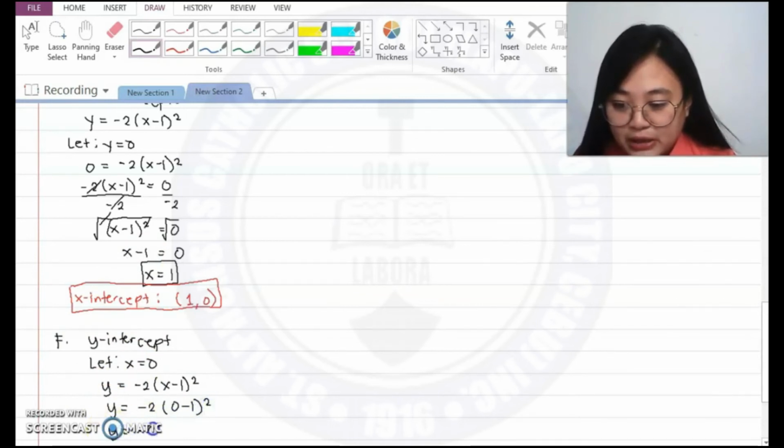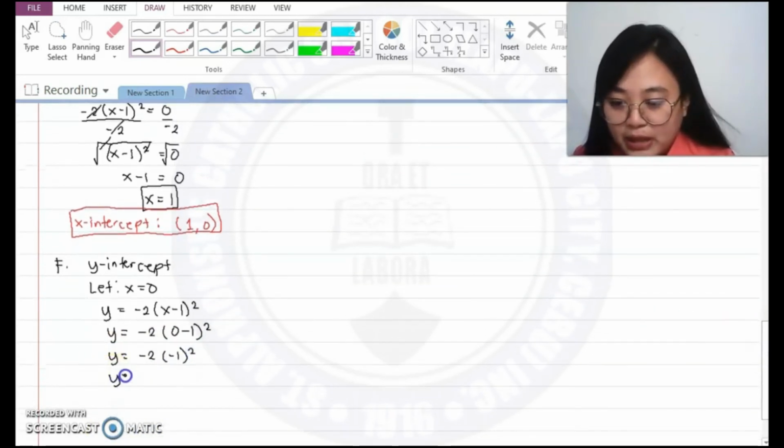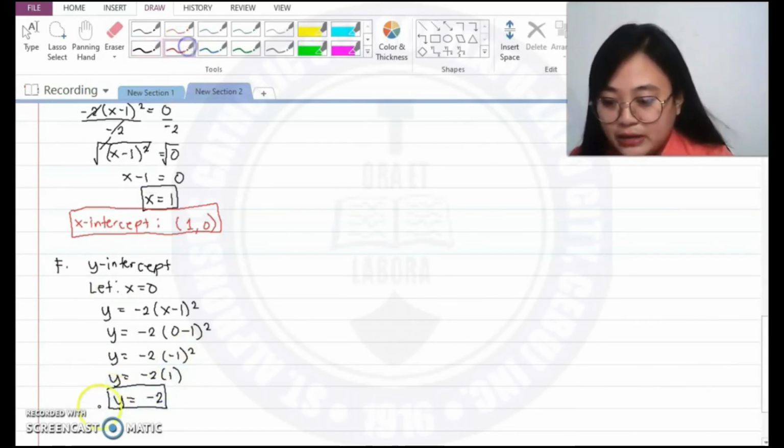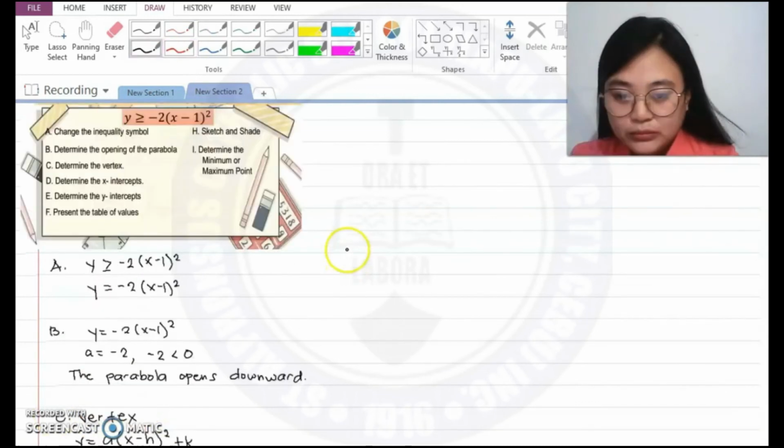Y equals -2 times (-1) squared. Negative 1 squared is 1, so y is -2. Therefore, our y-intercept is (0, -2).